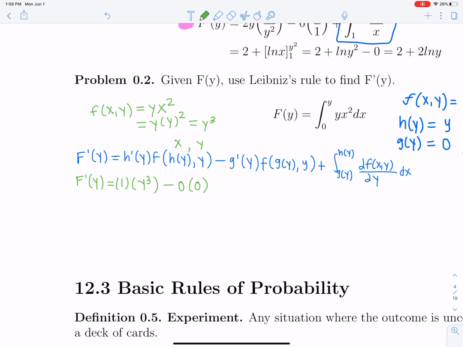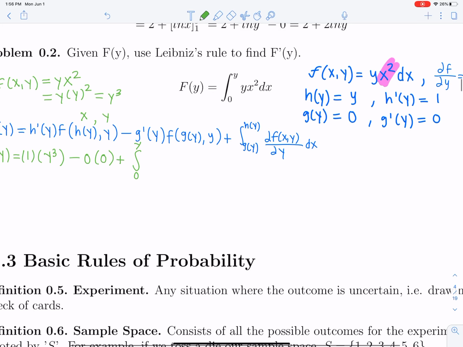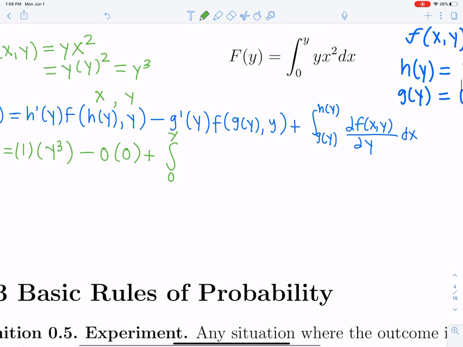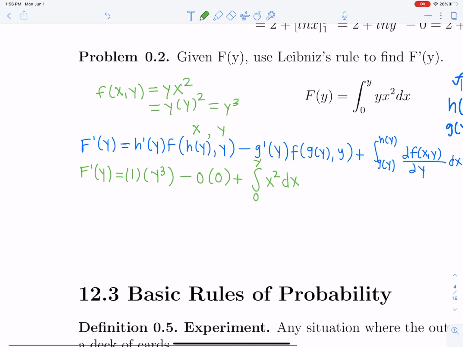And so I'd get y cubed minus 0 plus, we have the same boundaries that we did before, and our partial of f with respect to y was just a lonely x squared dx. So now that we have our f prime of y, we literally just have to evaluate this.